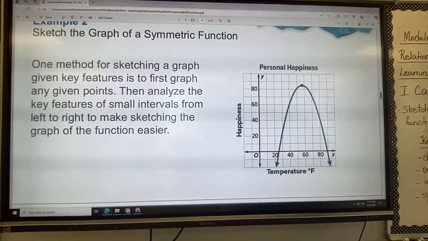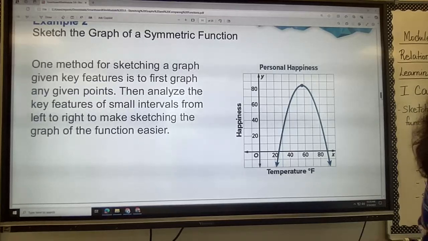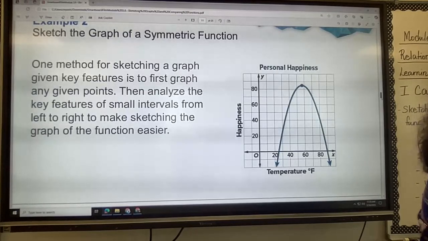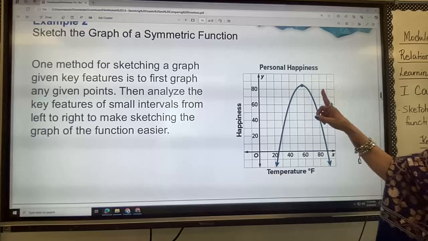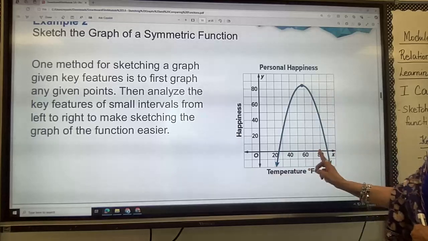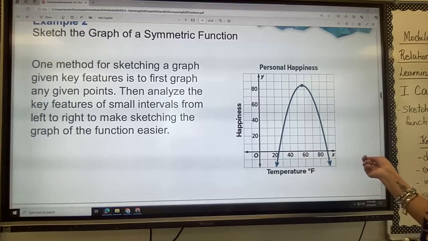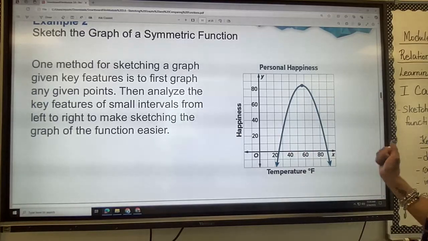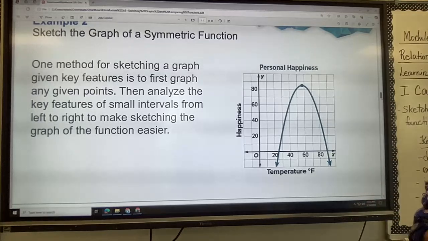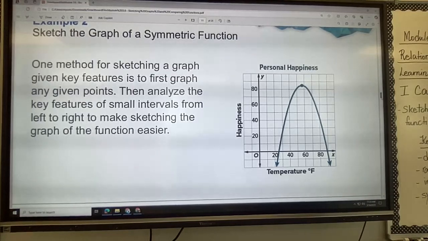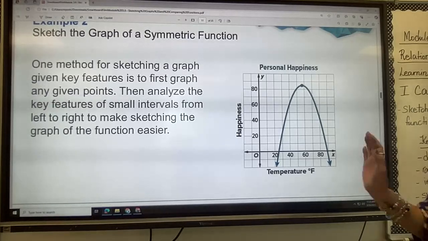All right, so it's given us all of this, and it's also given us the symmetry. A person's happiness for temperatures less than 57 degrees is the same as the happiness for temperatures greater than 57 degrees. So all these key features have been provided to us, and then we can sketch this graph.